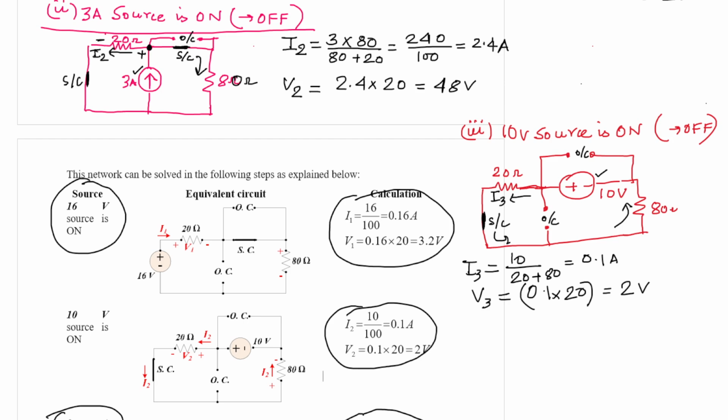And the polarity is, right hand side is plus, left hand side is minus. So that is our third solution or third response when the 10 volt source is on.